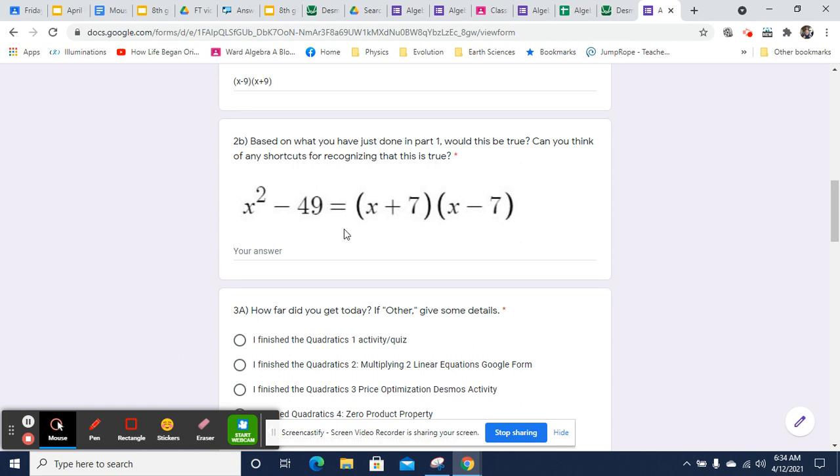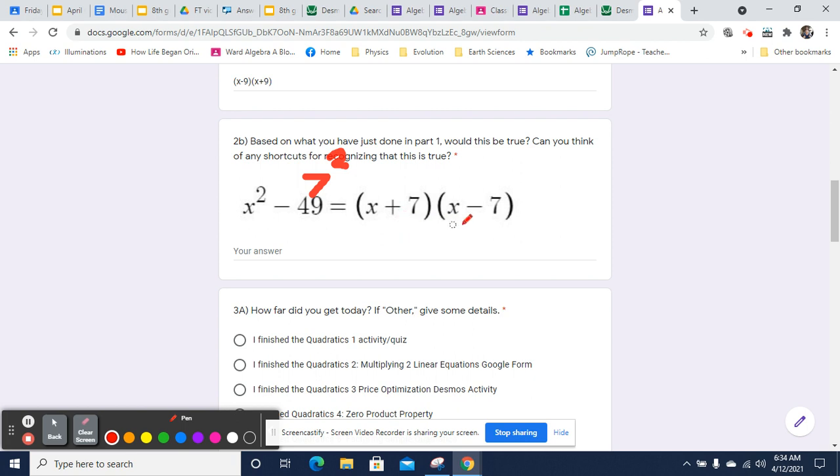All right, so based on what you've just done, would this be true? Can you think of any shortcuts for recognizing that this is true? Okay, well, I have no x term in the middle. I just have an x squared, a negative 49. But that negative 49 is the same as 7 squared. So you might notice that we have the structure of x squared minus 7 squared. And we have an x, and we have a 7.